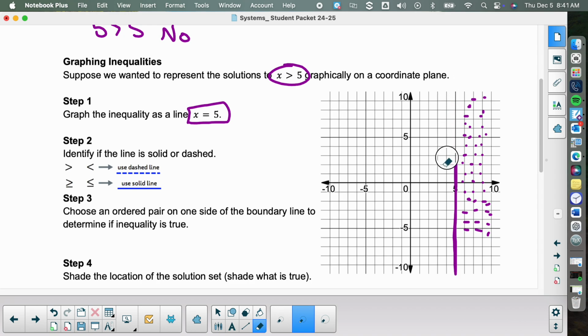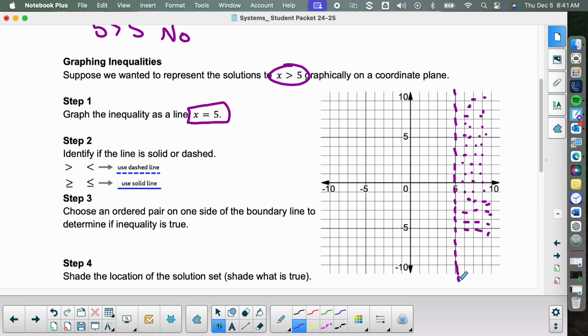So I'm going to draw that same line, but I'm going to draw it dotted. And then instead of me drawing a million dots to the right of it, we're just going to shade it. For most of you with a pencil, you just shade sort of neatly.